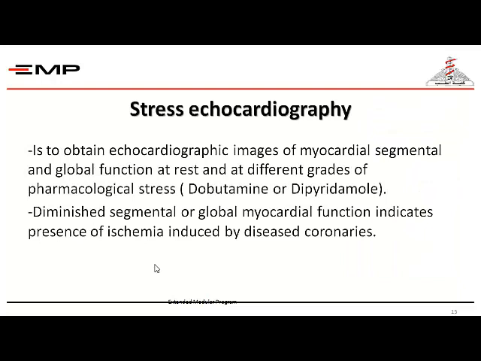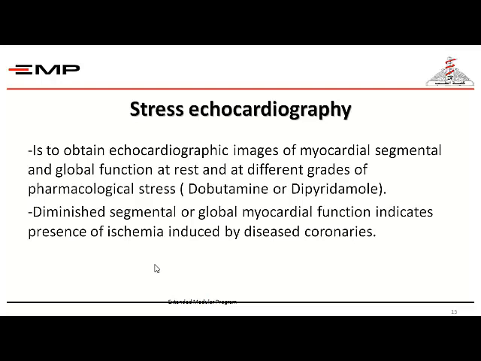Stress echocardiography is a semi-invasive test. It is used to obtain echocardiographic images of myocardial segments, which is called segmental myocardial function, and global function at rest and at different grades of pharmacological stress.